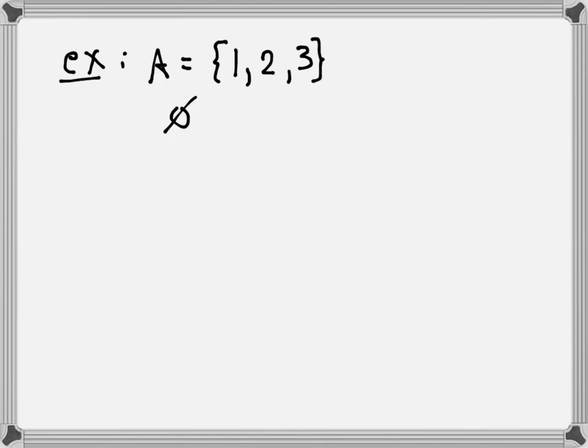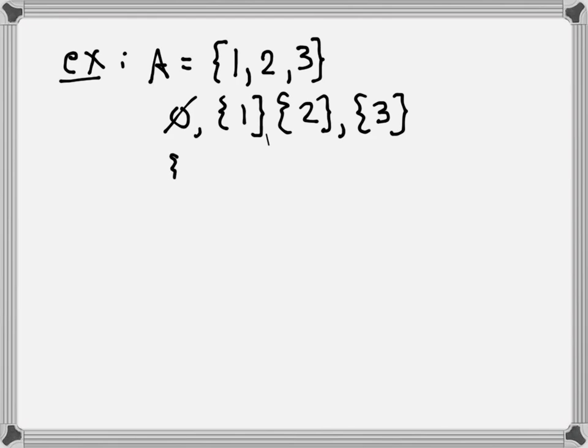The next one that I'm going to list is the subset with the number 1 in it. Is everything in that set in the set A? Yes. So somebody tell me another subset. 2. Another one. 3. Okay, so these are the 3 subsets that have 1 element in them. Somebody tell me another subset. 1, 2. 1 and 2.